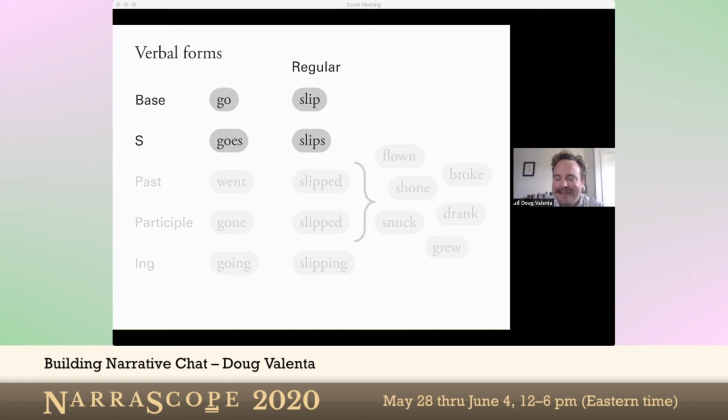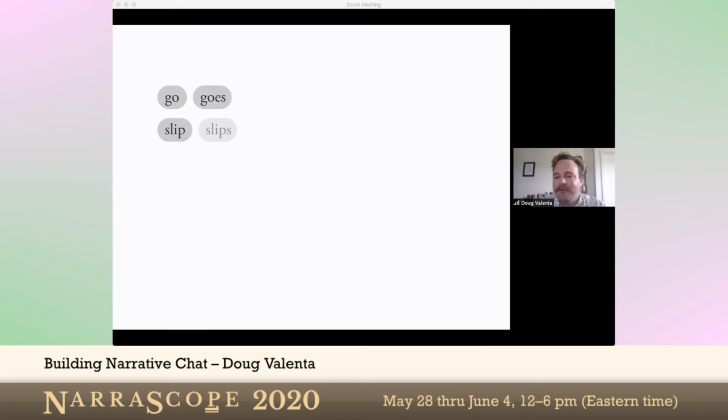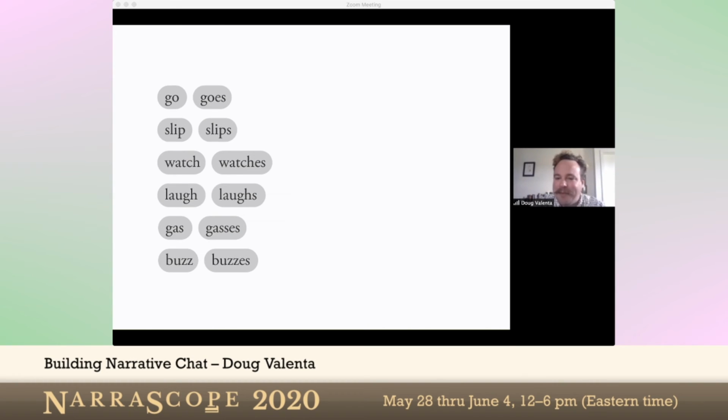And the other thing is that we aren't actually needing to use those forms. So we are trying to conjugate this verb for the simple present tense. And that means that we only care about the base and the S forms. And in the base and the S forms, English verbs are highly regular. Here are some examples of different verbs with different sort of endings to the base word and how those sort of play out in the S form.